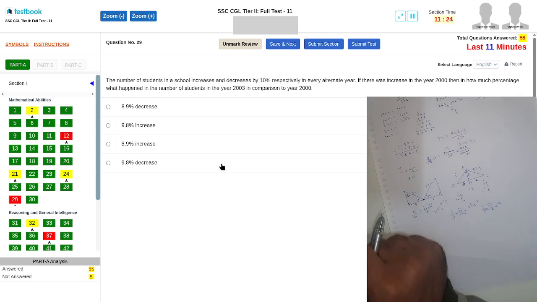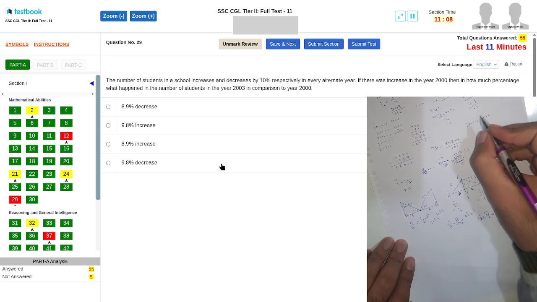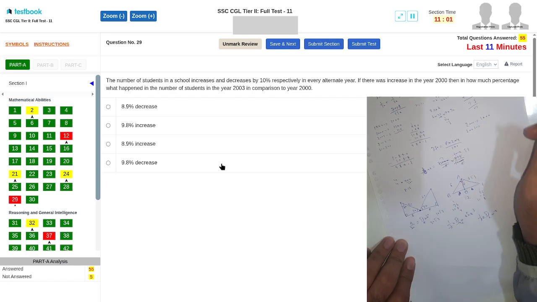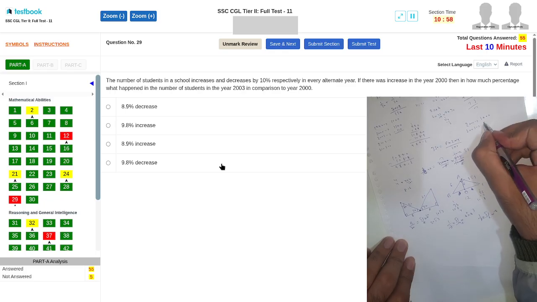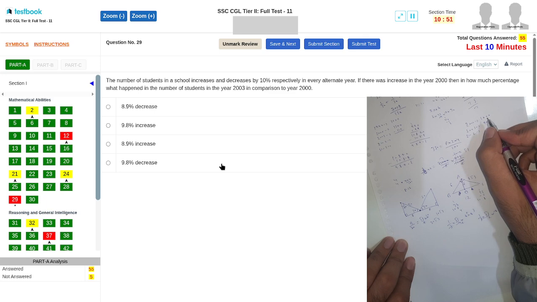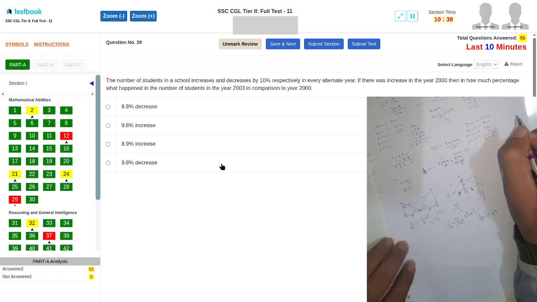The number of students could increase and decrease by time every alternate year if there was increase in 2001. 2000 में हमने 1000 मान ली तो 2001 में घटेगी 10% कितनी होगी 900। 2002 में बढ़ेगी 10% कितनी होगी 990। 2003 में घटेगी कितनी 99 तो 891.